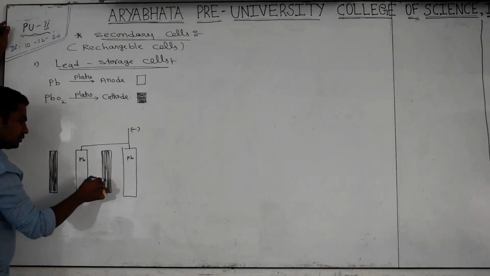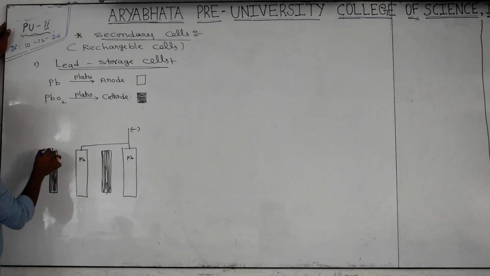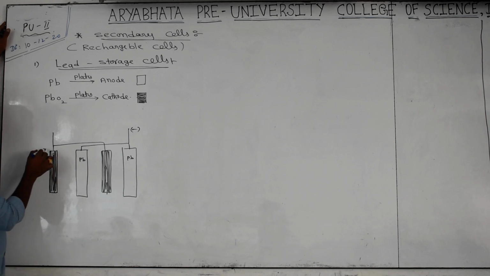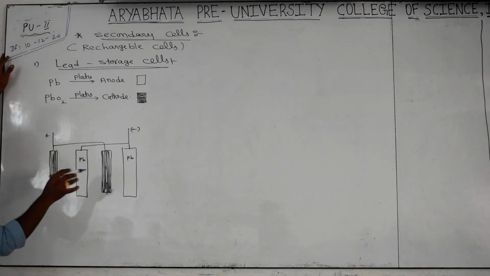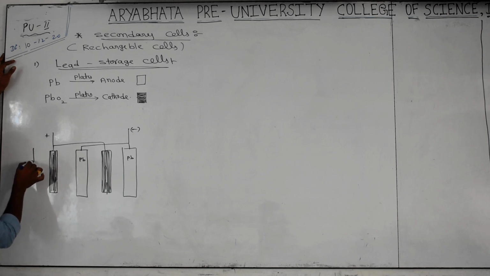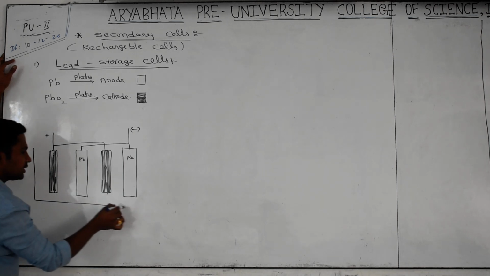We have to place them alternately like that, as many as you want. And these two are also connected together like this, and you give one terminal. Which one is this? Lead oxide. Lead oxide means cathode. Cathode means reduction. There, which charge do we get? Positive.